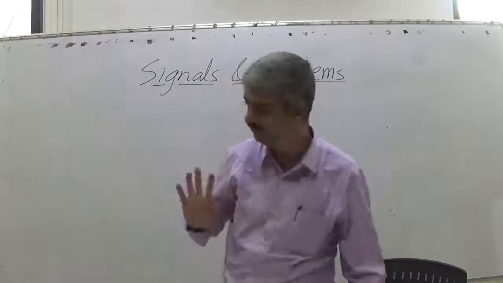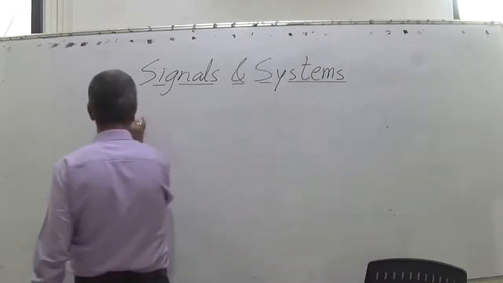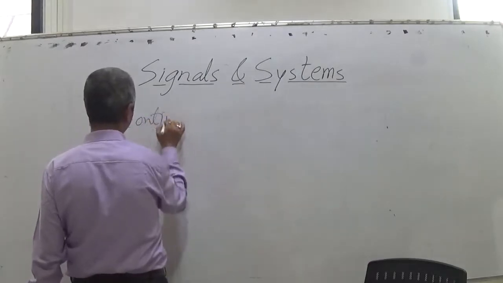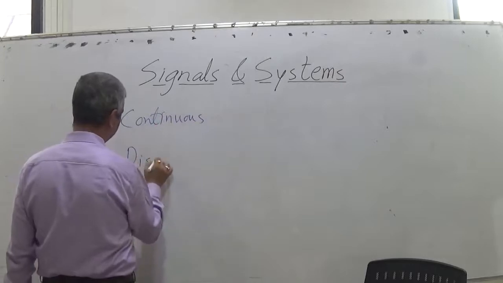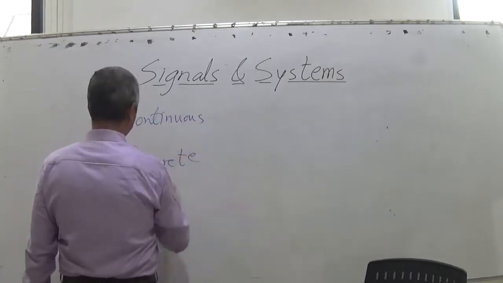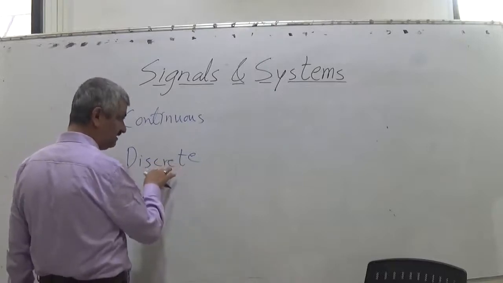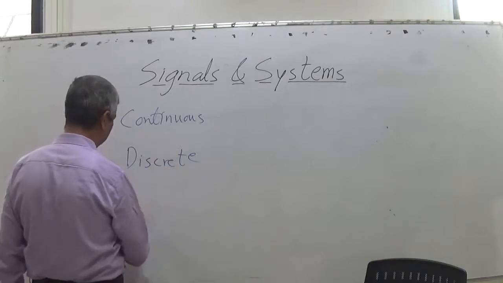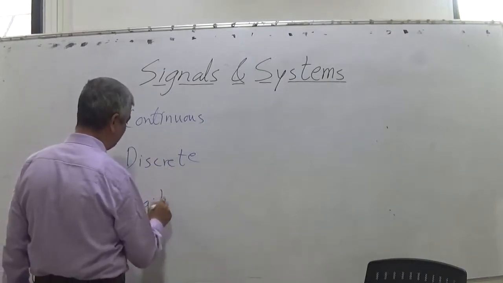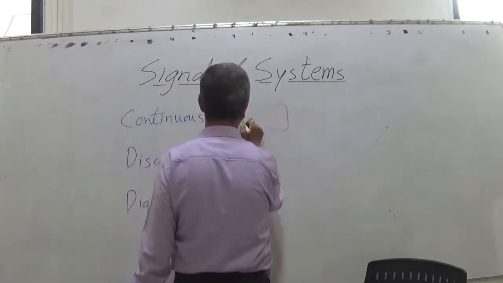So the signal is continuous, sampled to discrete, and further quantizing a discrete number into a digital number, expressing it using some digits, gives a digital signal. Then there is the physical system.